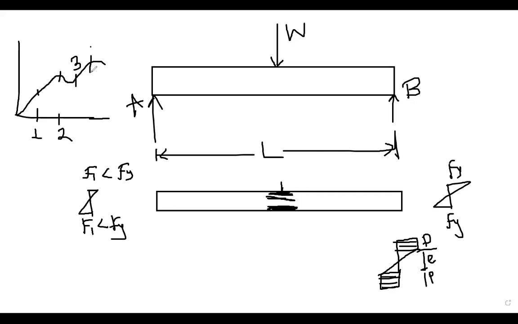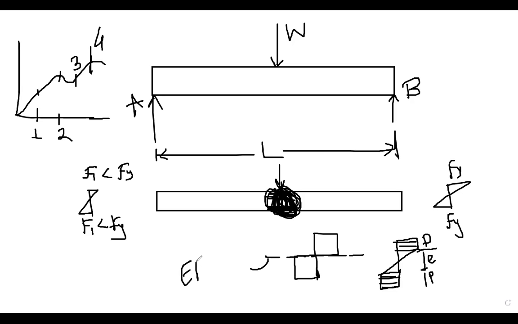So at point 4, that is the ultimate point, below the load, all the fibers are completely yielded, and the section which is formed is called a plastic section, like a rectangle or a square box. The new axis is called the equal area axis.